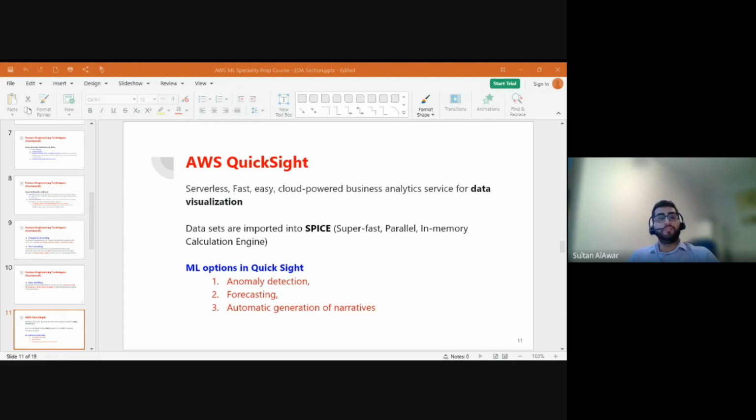It's worth noting that we have some ML capabilities in QuickSight, and these ML capabilities help us to detect anomalies, do forecasting, and do automatic generation of narratives. These are the ML capabilities in QuickSight: anomaly detection, forecasting, and automatic generation of narratives.